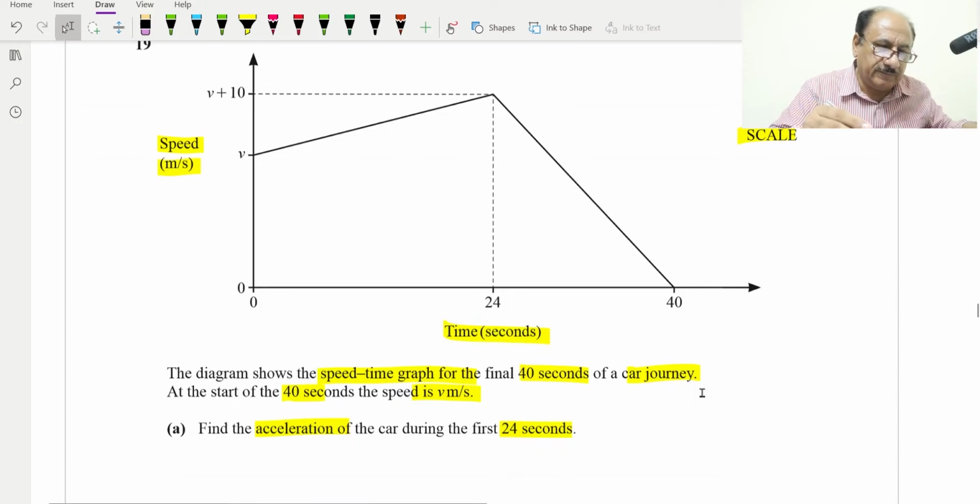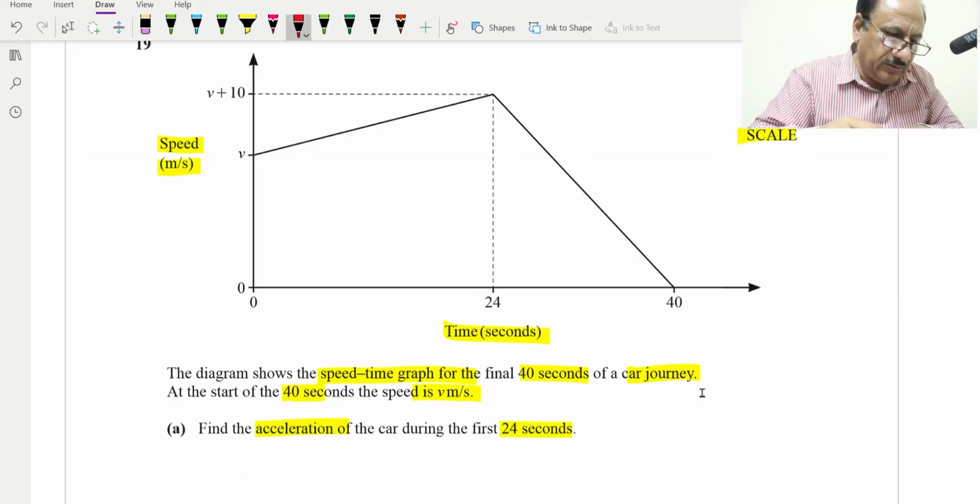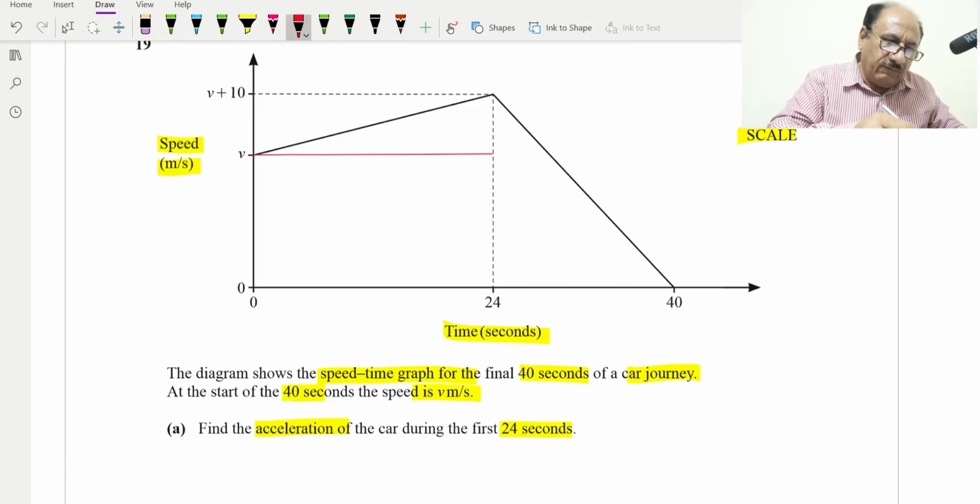So acceleration is basically required. For the first 24 seconds, we can consider this triangle, and we have to find the gradient of this line. So rise will be this side, which is 10. Why 10?